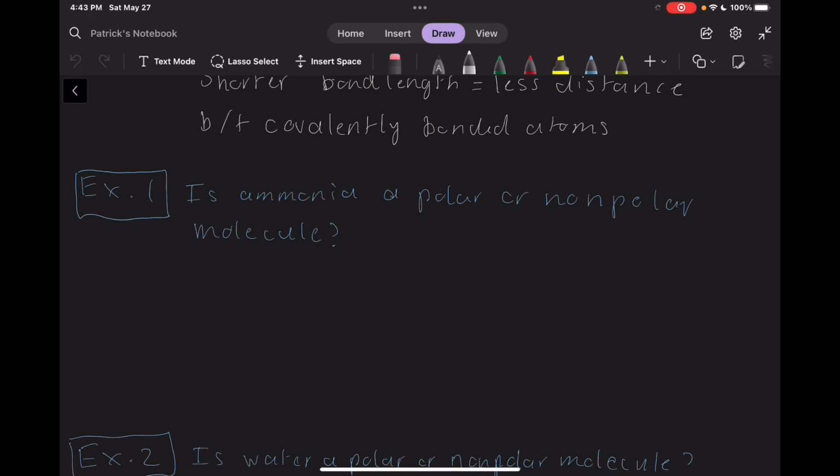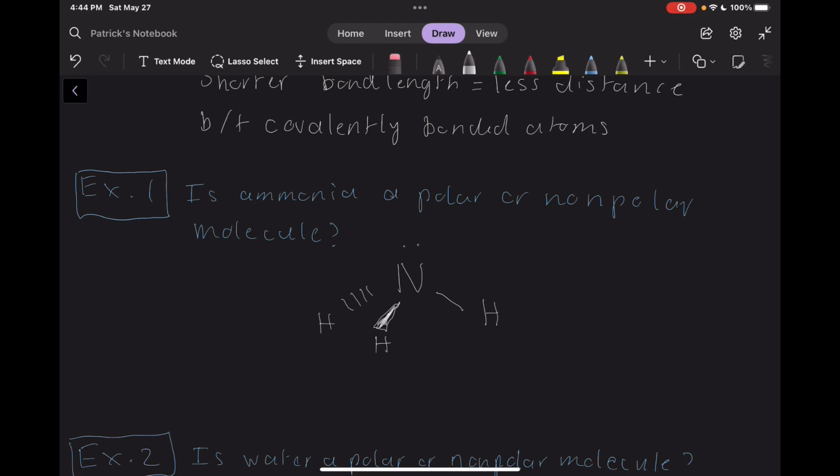Let's start by drawing the Lewis structure for ammonia. There. That should be consistent with VSEPR theory too.